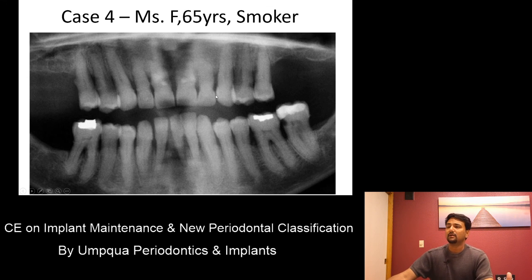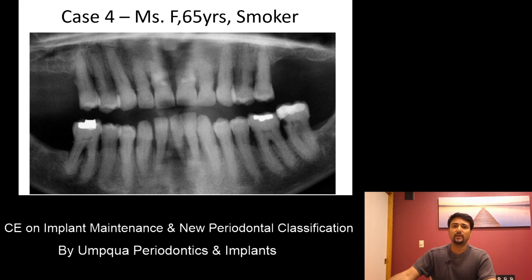Okay, so just by counting teeth and looking at your handout, this patient is already a stage 4 patient. Now I walk through my steps. Is this a periodontal patient? Yes, she's a periodontal patient. What stage? So I pick out the worst tooth.